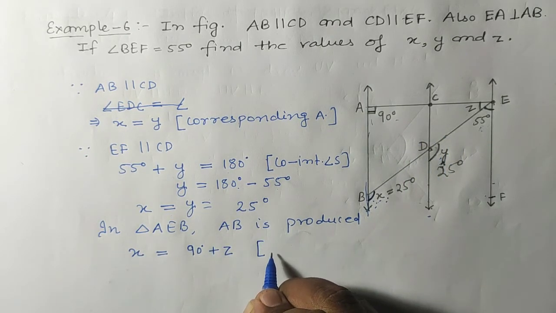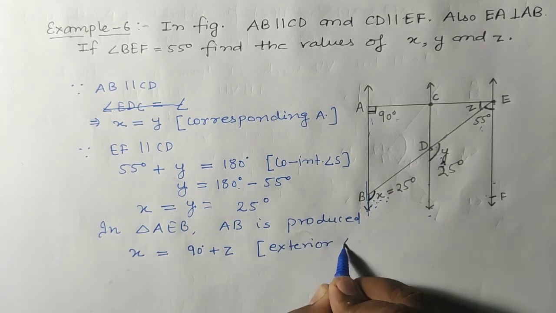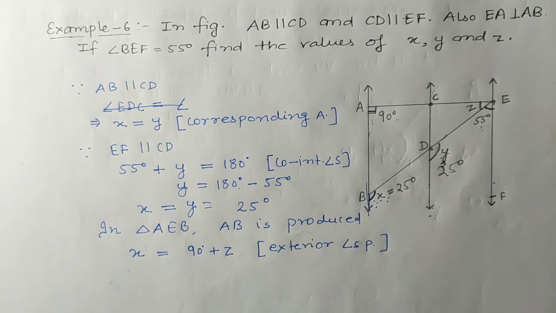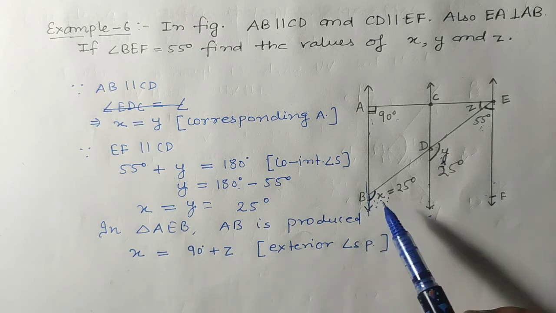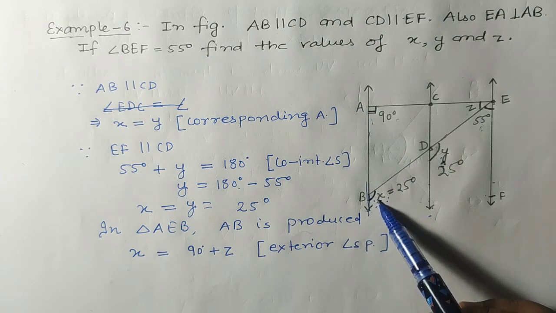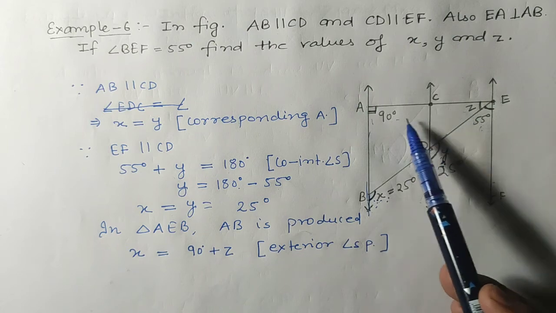This property is called the exterior angle property. What is the exterior angle property? If a side of a triangle is produced, then the exterior angle is equal to the sum of the two opposite interior angles.